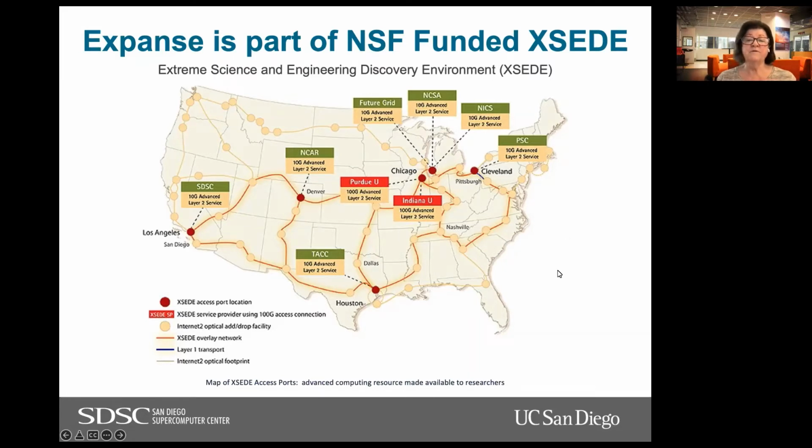It's been going on for over 10 years, and it's going to be evolving to a new system in the next couple of years, but we're part of the group of high performance computing centers that provide resources, and that usually means HPC computers like EXPANSE, high storage capability, and then the ability to move data in between them with efficiency. But the rest of the country is benefiting.